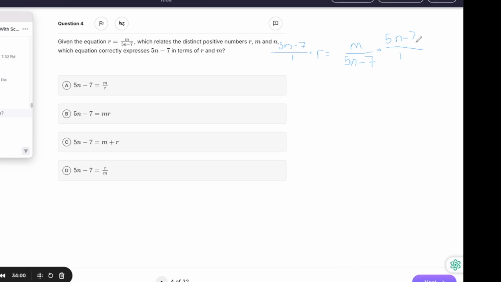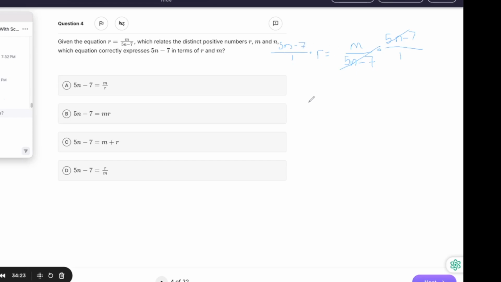What most people trip over with this is just a simplification factor. So what I did is I multiplied both sides, and technically there should be parentheses here, of 5n minus 7, and then I'm going to go bam, bam, cancel that out. Over here, you're left with these two.